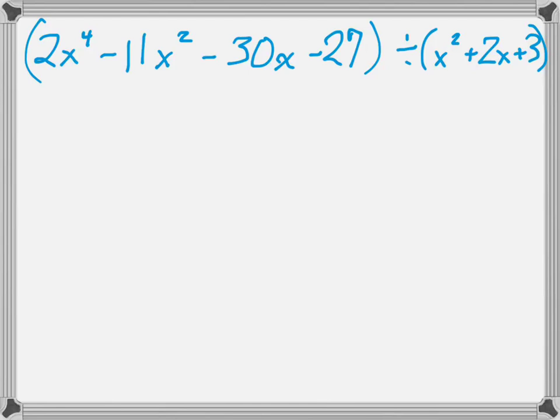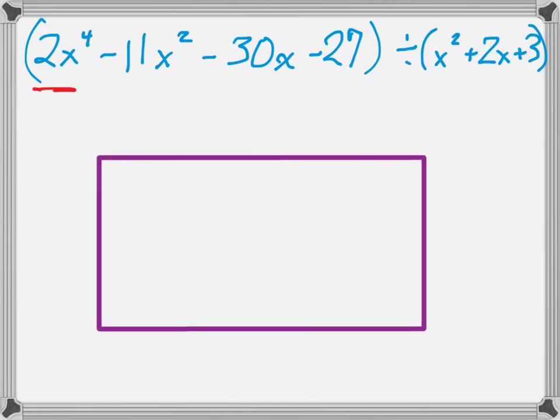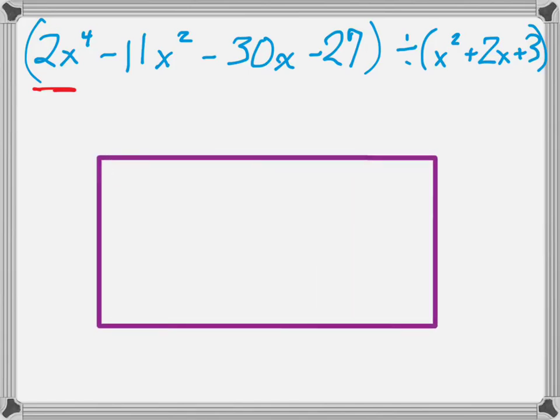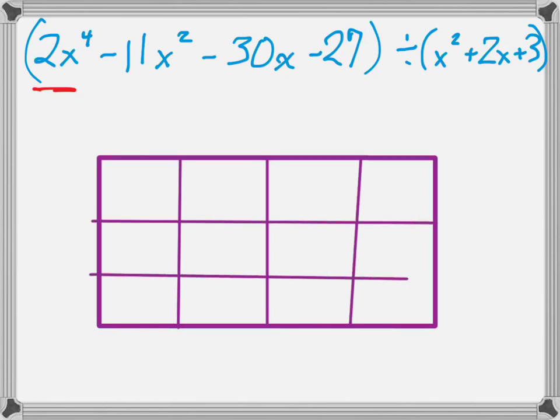This time, because the degree that we started with is 1 larger, we're going to need 1 more column. Last time we needed 3 columns, so this time we're going to need 4 columns. So go ahead and draw your box. You're still going to need 3 rows.